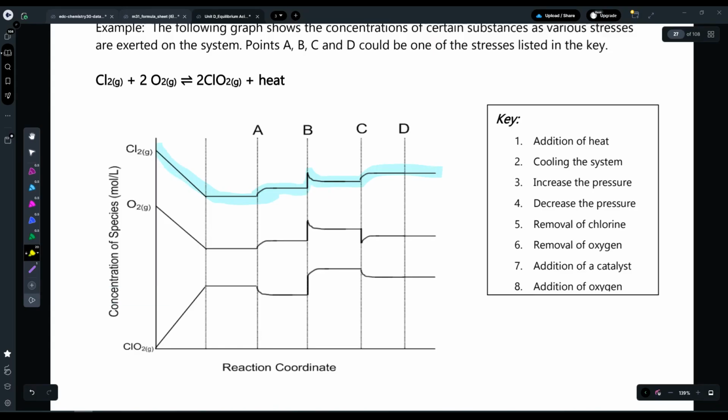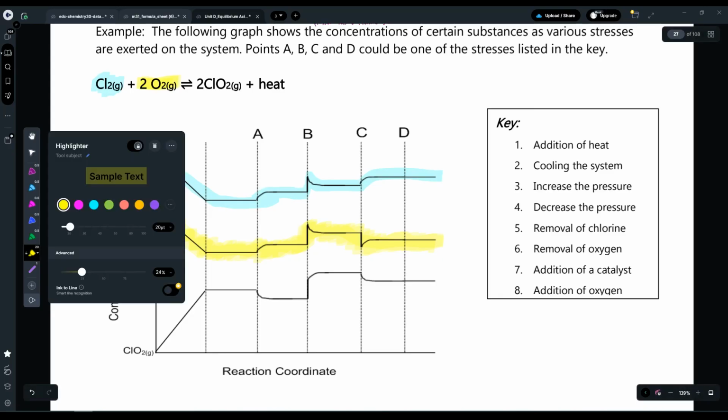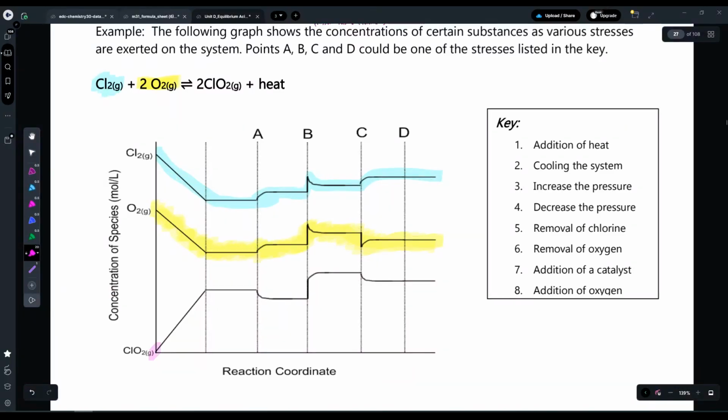So we'll do chloride as blue, and I'll also color code that up here. We'll do our next one, oxygen, as yellow. Okay, and we'll do our last one as pink.